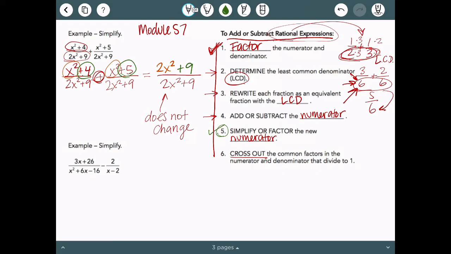I don't see anything in common, so I'm going to leave it as it is. And then my last step here is to cross out the common factors in the numerator and the denominator that divide to 1. So I can see here that I actually have the same thing on top and on bottom. And I know that anything divided by itself is just the number 1. So the number 1 is going to be my answer for this problem.